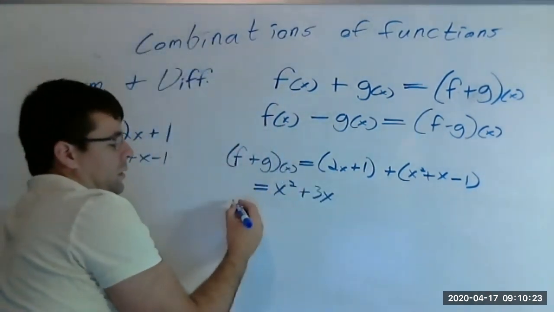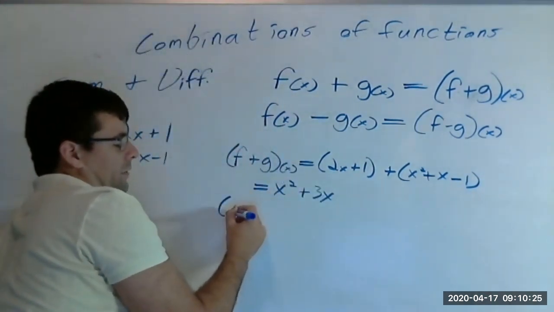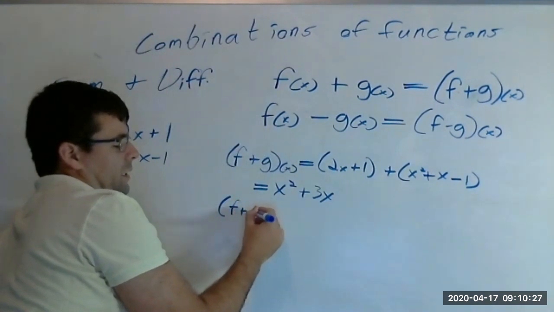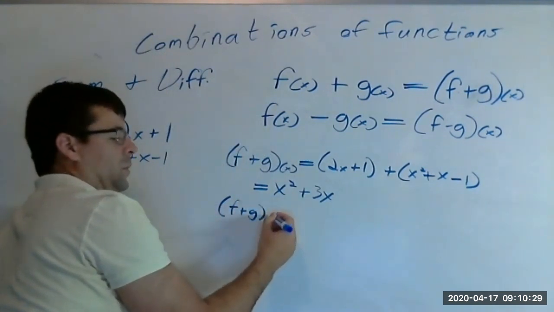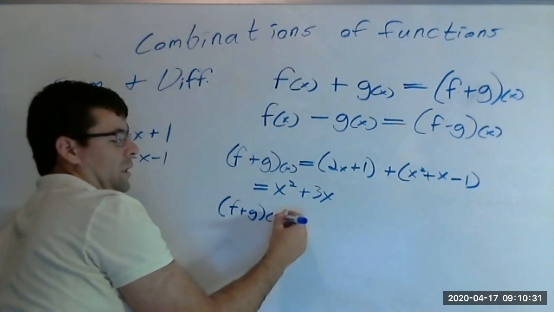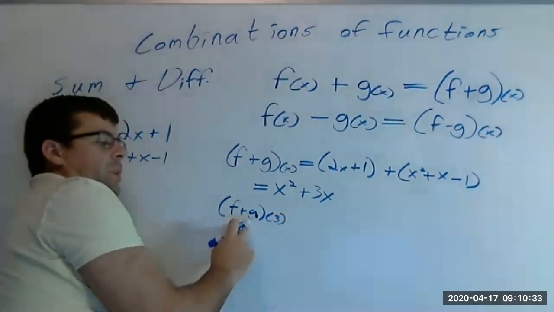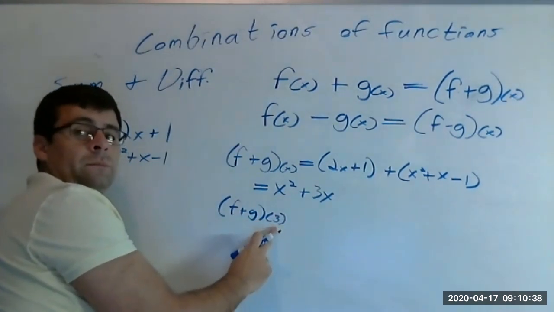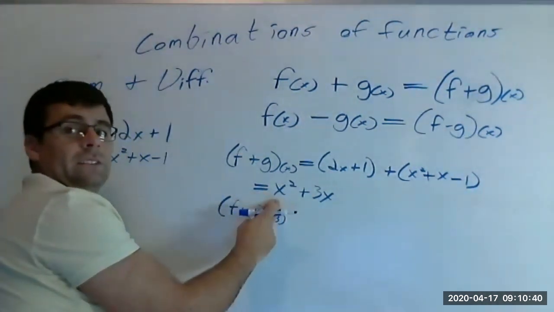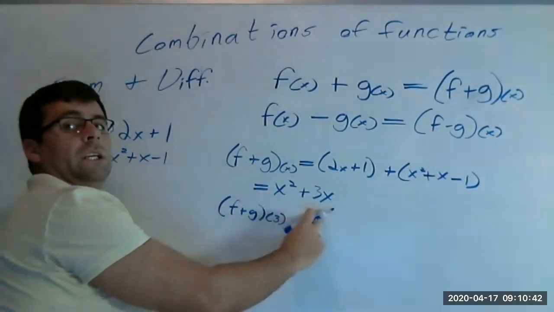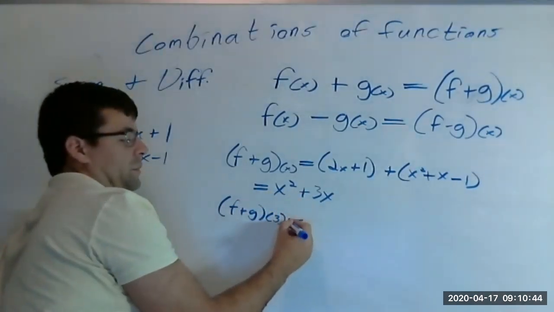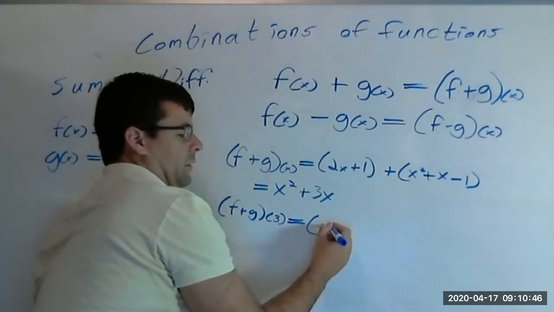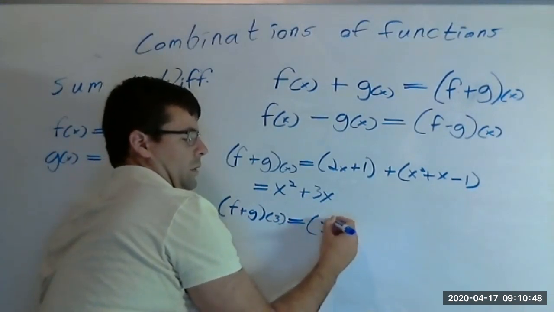Then what I want to do is evaluate that so we get some practice remembering what it actually means. f plus g evaluated at 3. All we do is we take this f plus g and substitute a 3 in for the x.